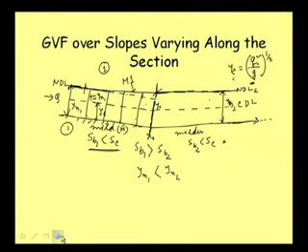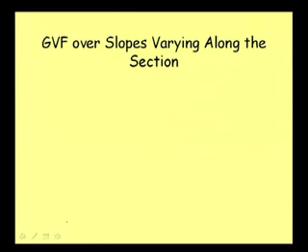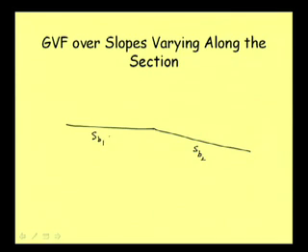This is a milder portion, and then it changes to a mild one. The slope is SB2, and say this is SB1. SB1 is less than the critical slope, that is obvious. This is also less than the critical slope, but SB1 is smaller than SB2. This is steeper, so we write mild for this, and milder for that.